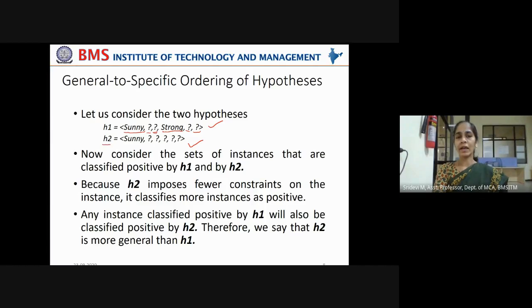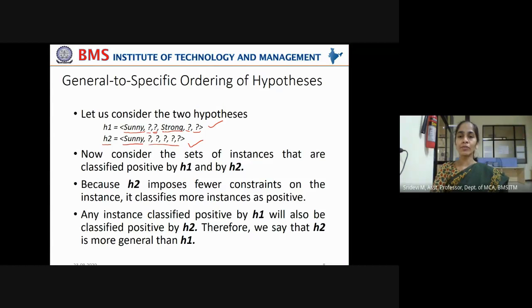Now what is your second hypothesis? This will accept all your training instances where the first attribute value is Sunny and all the other attribute values can be anything. So this hypothesis will accept all such instances where the sky is sunny and other attribute values can be anything. It is very open. It can accept any values for other attributes.